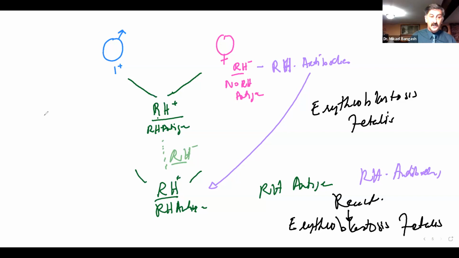So what they actually did was make what we can call an anti-D suppressor.